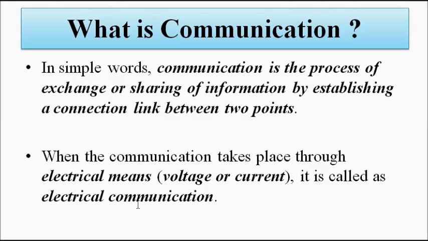So this is what we call electrical or electronic communication. Okay, so we will be focusing on this aspect, the electrical communication. The basic things will stay the same, that we have to produce data and send it, but it will happen through electrical means.